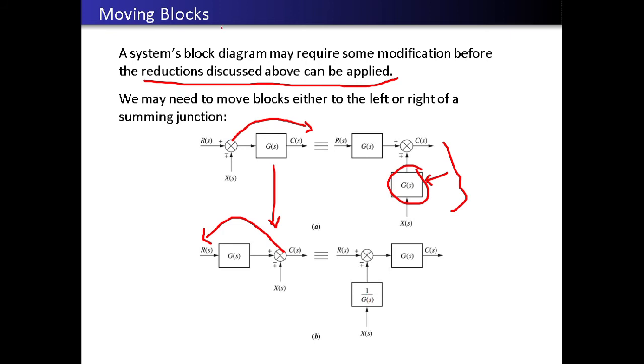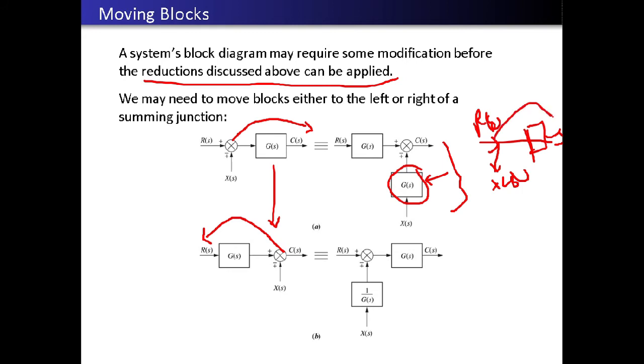Now if you understand the concept of moving a summing point before and after, you can easily understand the concept of the takeoff point. Let's say there is a takeoff point right there, it is X of S, the input is R of S, one gain block is there and the output is there.